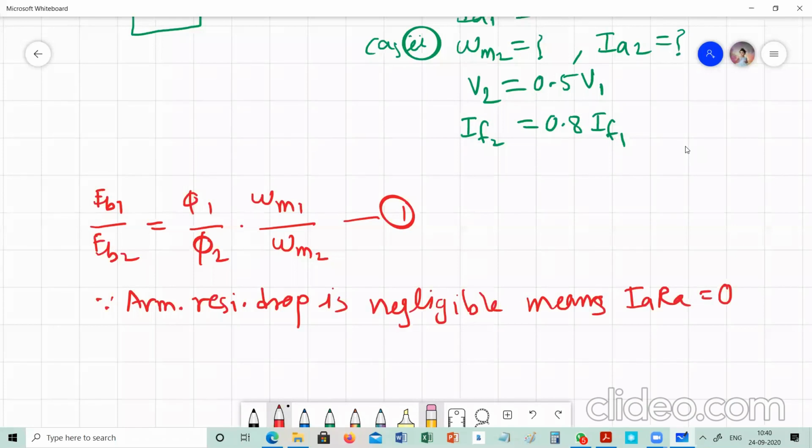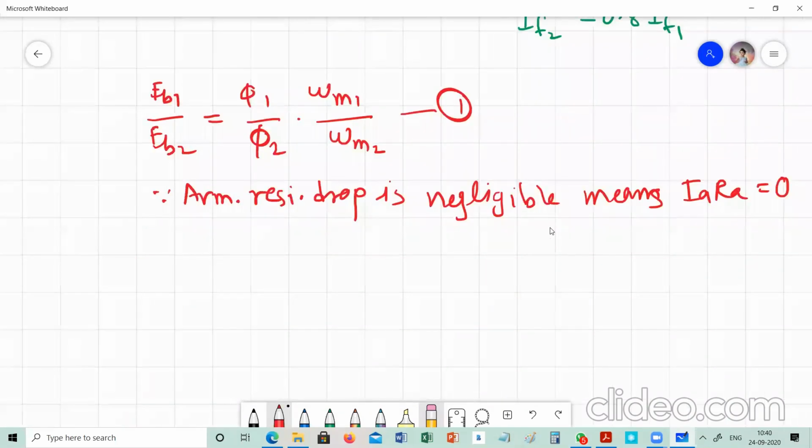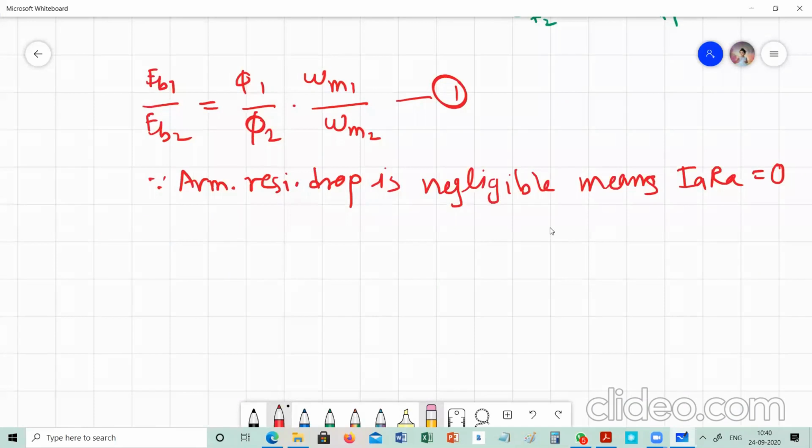Therefore EB is equal to V minus IARA, but IARA is equal to 0. Therefore EB is equal to the source voltage, terminal voltage V.